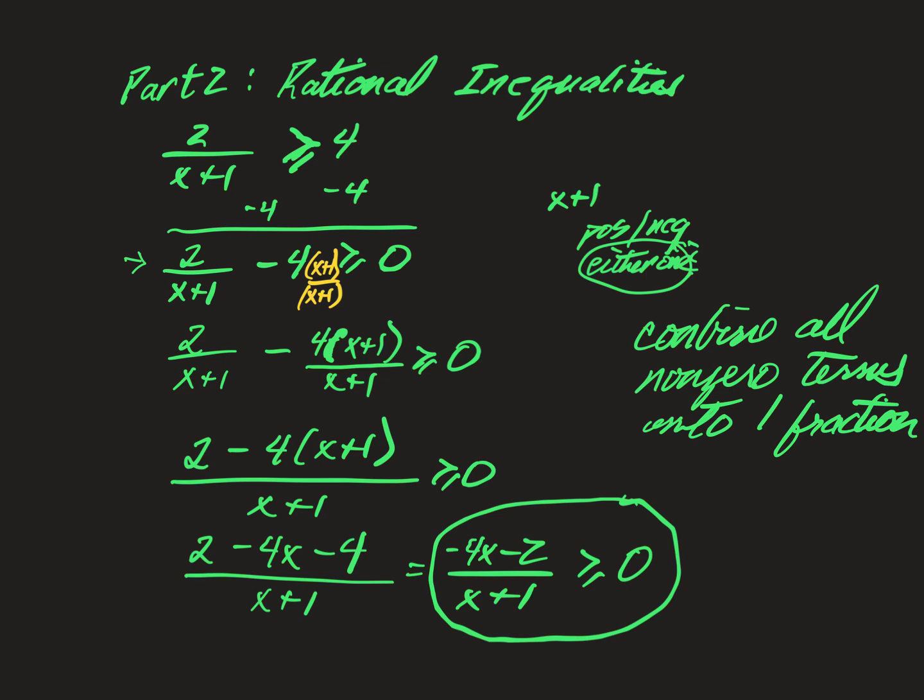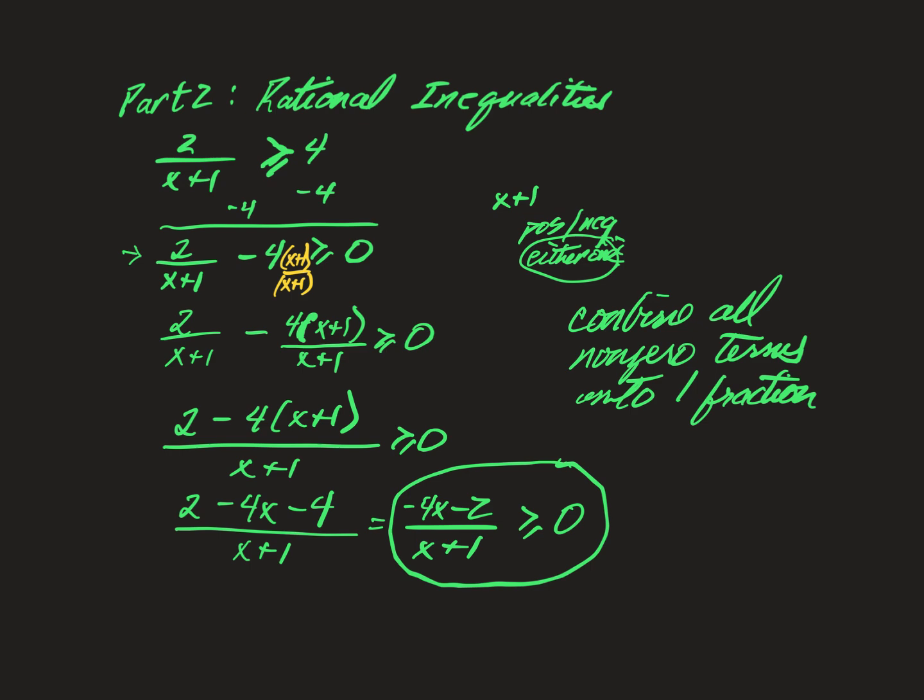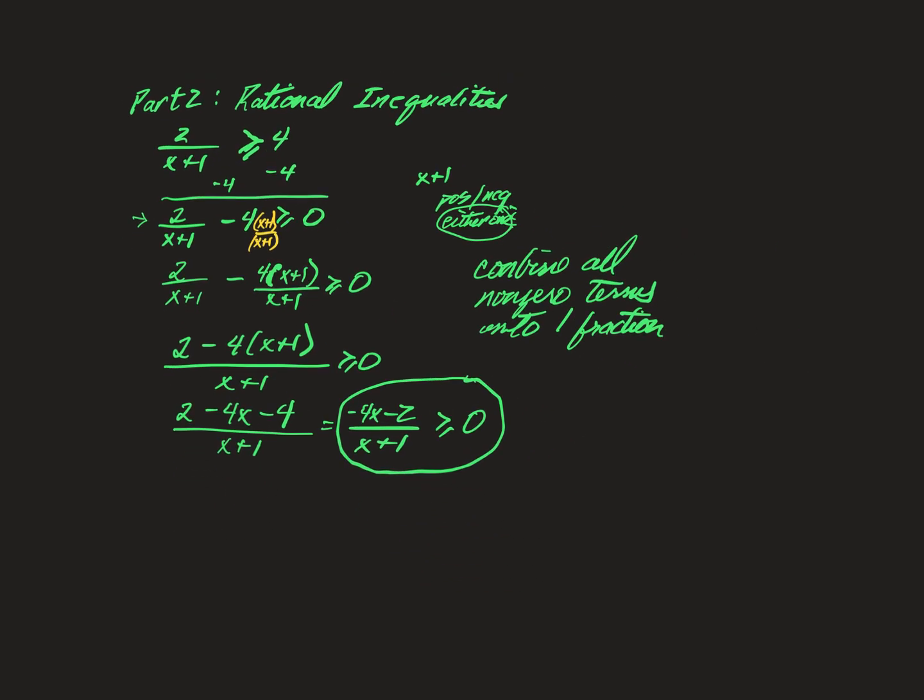Once you are there, then you can do the number line game. You can find the x-intercepts.